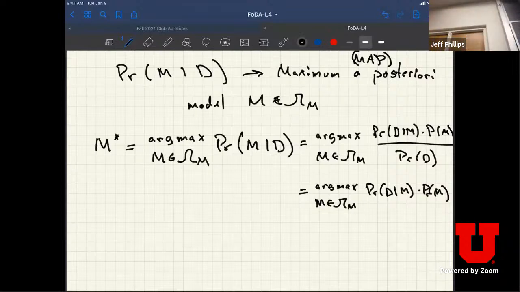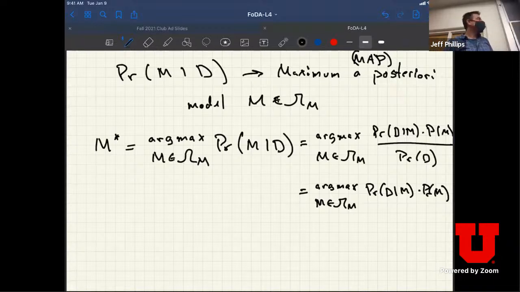Now I do not need to write this denominator. I don't need to write the denominator to find the argmax. I don't care about the value that maximizes it. I'm not asking for that. I'm asking for the model that maximizes it. And that's why I can drop this denominator. This is a general trick that we did in the previous example.